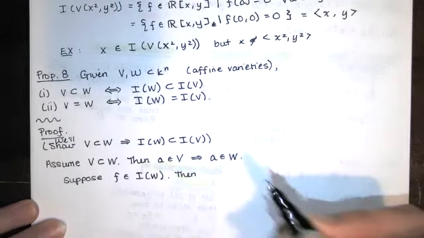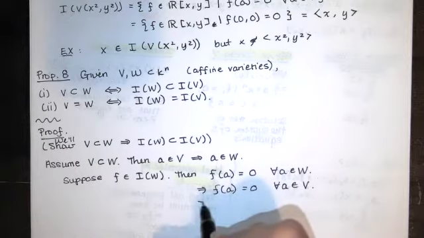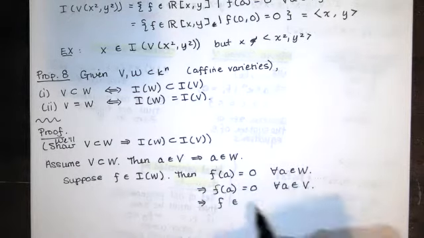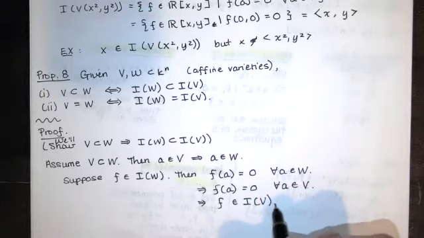All the points that are in V are also in W. So that means that f has to be in the ideal of V as well.